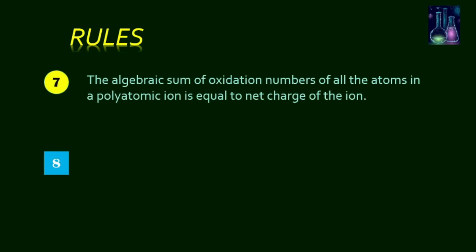The algebraic sum of the oxidation numbers of all atoms in a polyatomic ion is equal to the net charge of the ion. We'll be doing some examples on this.